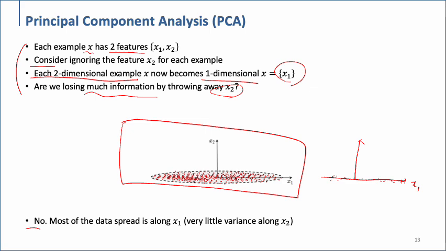And here, as the variance along x2 is not that big, most of the data is spread along the x1 axis and there is very little variance along x2. So if you just remove the x2 component, we still do not lose much information from the data.